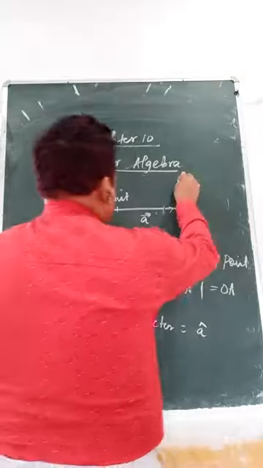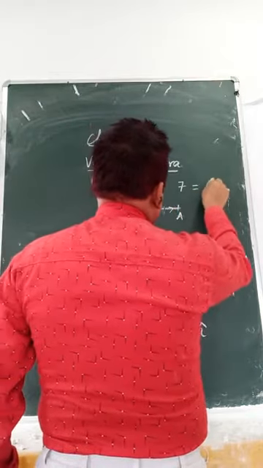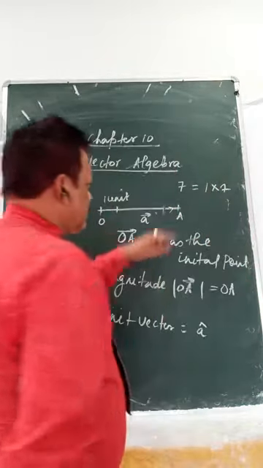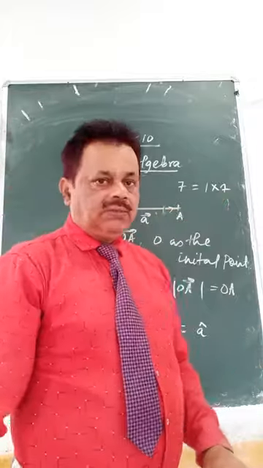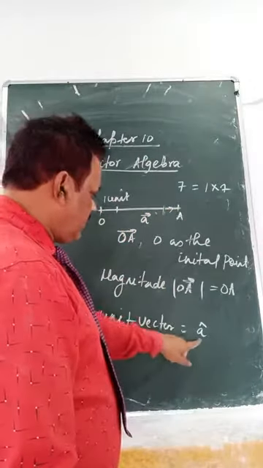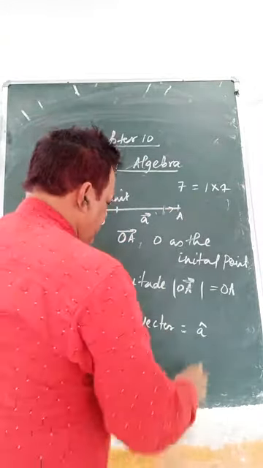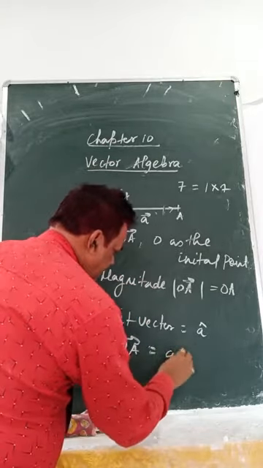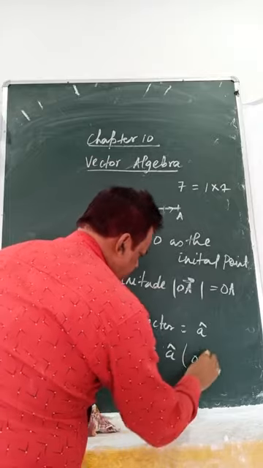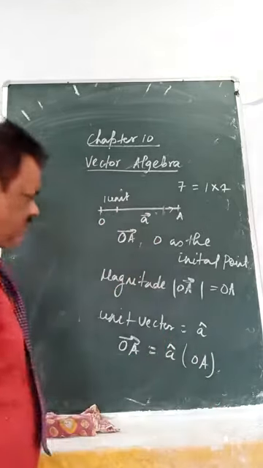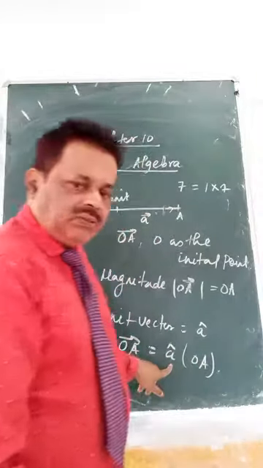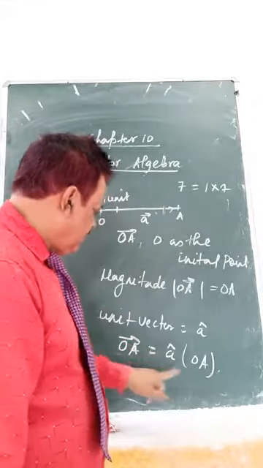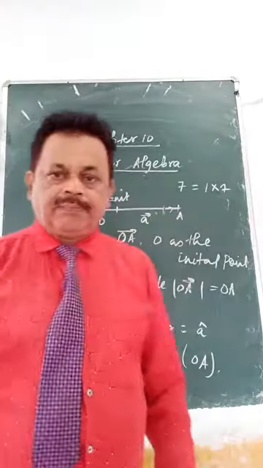Just like 7 is 1 into 7, 1 into its magnitude. So OA vector you can write as the unit vector with the magnitude. OA is the magnitude, that gives you the OA vector.